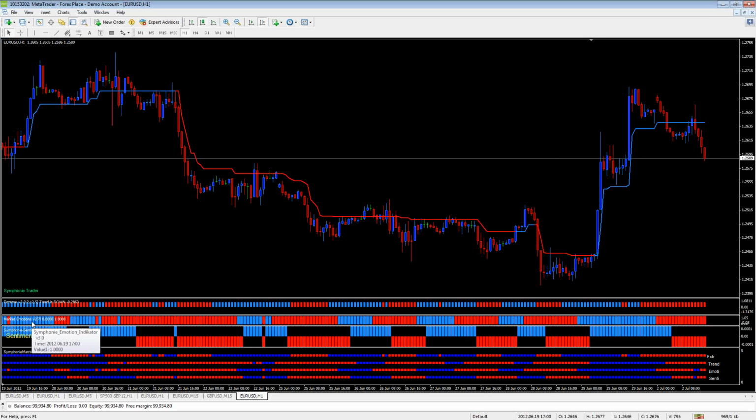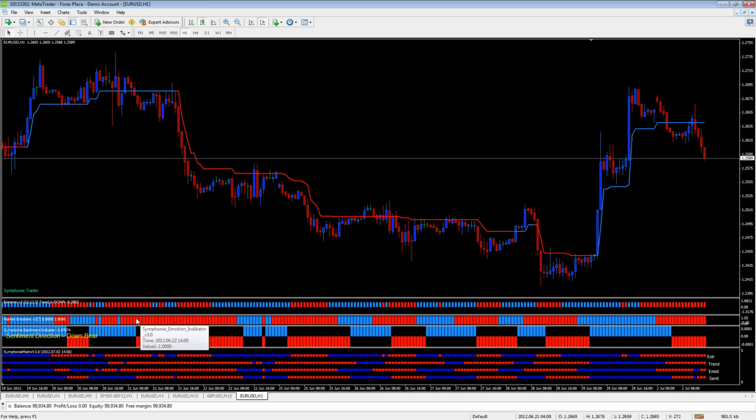The market sentiment, the market emotion, again, these are just names, but the market emotion indicator also changes from blue to red, or from red to blue. You see, it's not always at the same place as the extreme, otherwise it wouldn't help much if they reacted the same to the price movement.